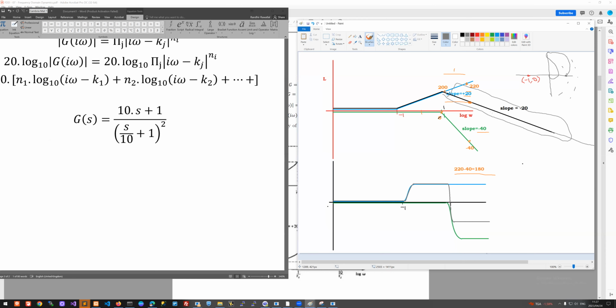The critical point would be somewhere here, when the magnitude is 1. All these values were the danger area for us. This is where L is more than 1. So it could possibly go past here if L is more than 1. Sorry, if the magnitude ratio is more than 1.